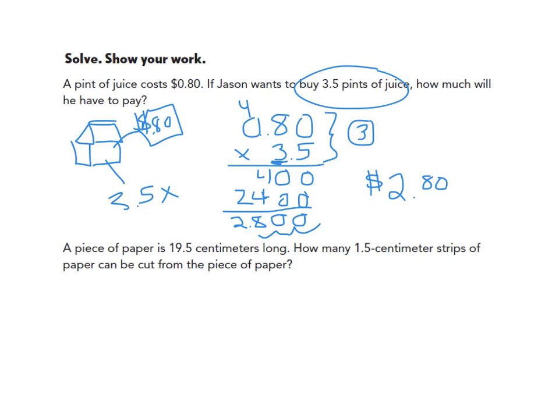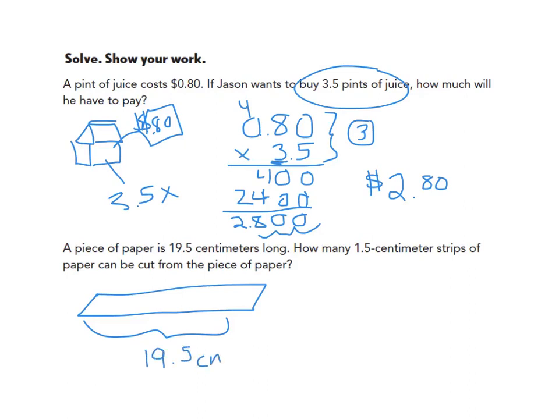As I move on to the next one, a piece of paper is 19.5 centimeters long. They cut it into 1.5 centimeter strips, and they want to know how many I get. So it looks to me like I'm chopping this up. So I'm taking 19.5 and I'm dividing it into groups of 1.5.